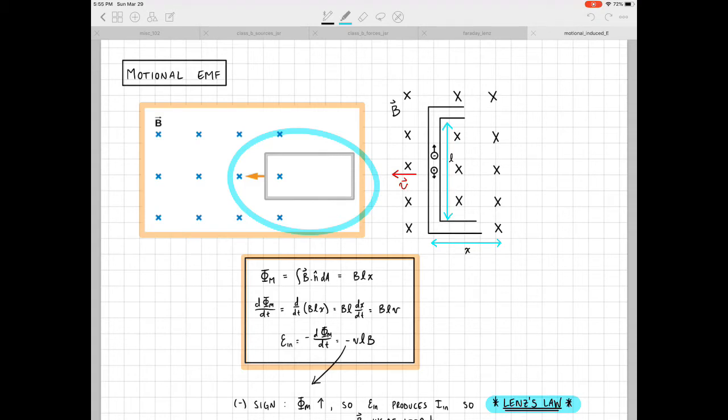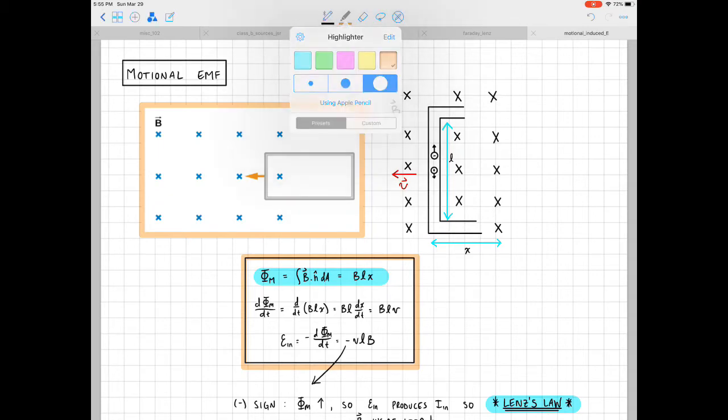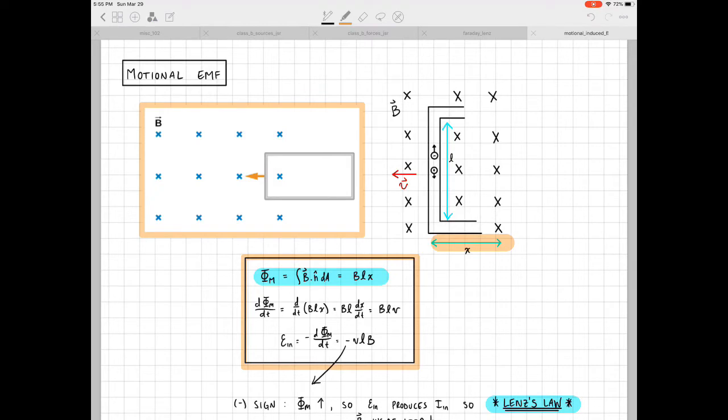If we want to talk about the flux in the loop, we have to look at the integral B dot dA. The dimensions are listed over here: x is essentially the amount of the loop that's in the magnetic field, L is the height of the loop, and the speed v is the rate at which it's moving into the magnetic field.